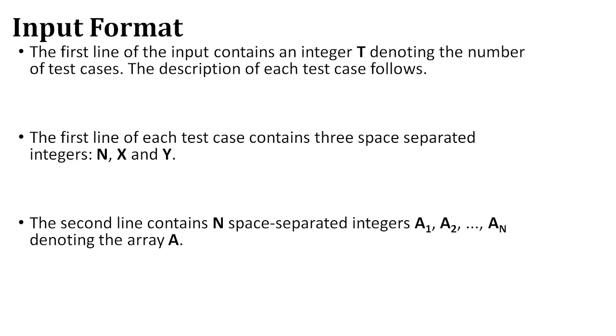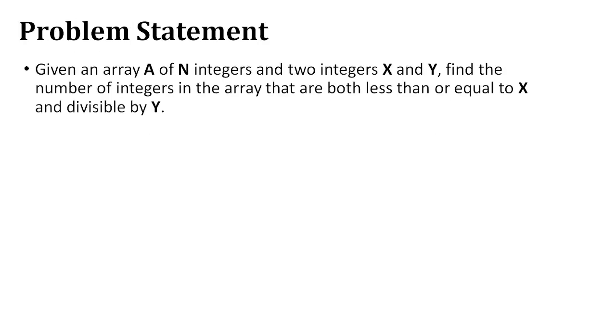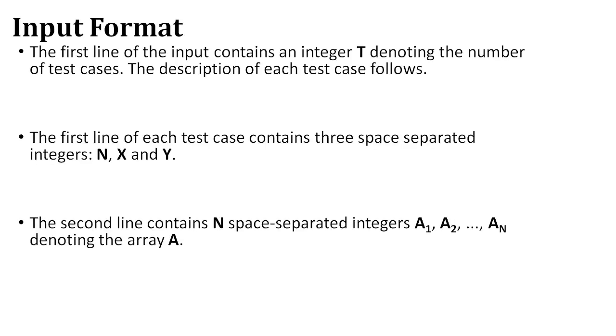N means the length of array A, as I already explained, given an array A of n integers. And x and y are the two integers, whose variable names are x and y.